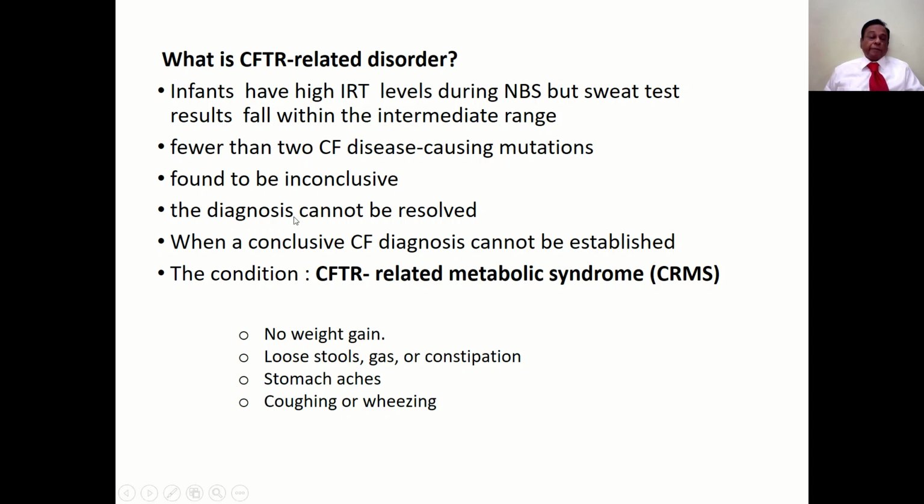So till you have a firm diagnosis, since there is a difficulty in diagnosis in some conditions, it has been coined CFTR-related metabolic syndrome, CRMS. Sometimes before they called it clinical CF, but the best terminology is CFTR-related metabolic syndrome. Till you make a conclusive diagnosis, you can use this terminology.